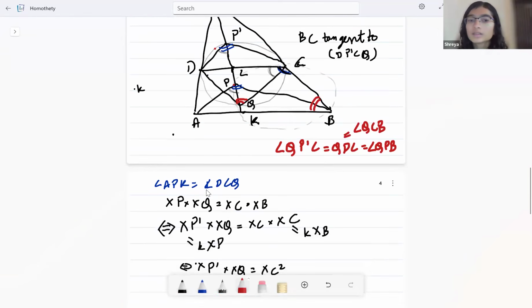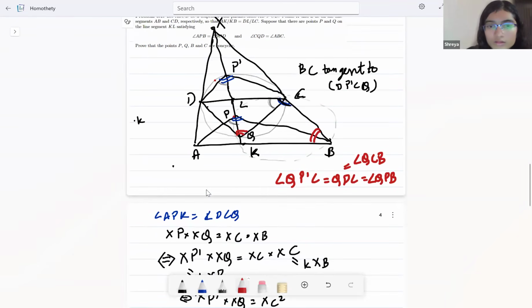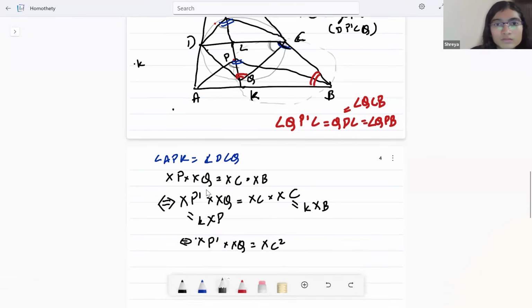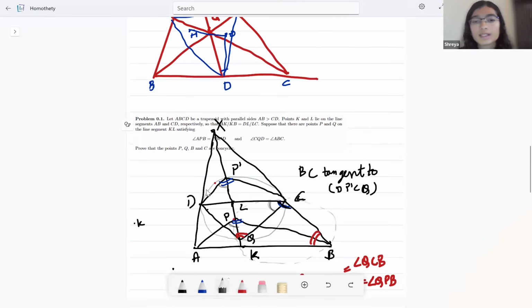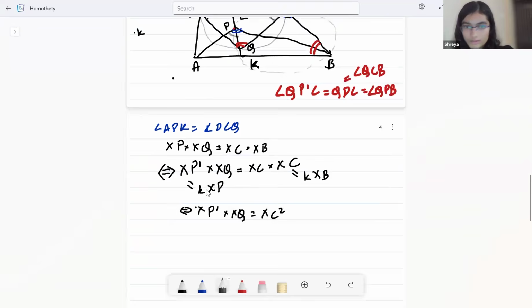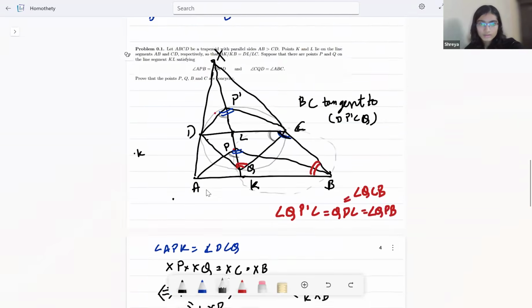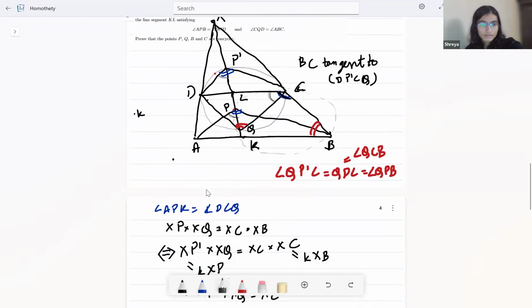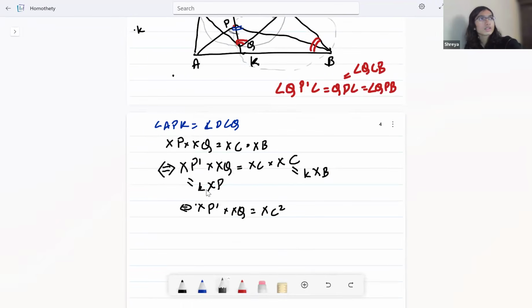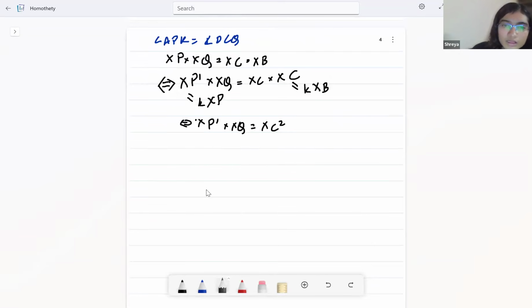That is a bit similar in essence to this proof, but it's a different way to go about the angle chase. It's the idea of computing angles by taking homothety, and that's kind of similar. Okay, so this idea of looking at power of point and how it changes with homothety is actually a really common idea.